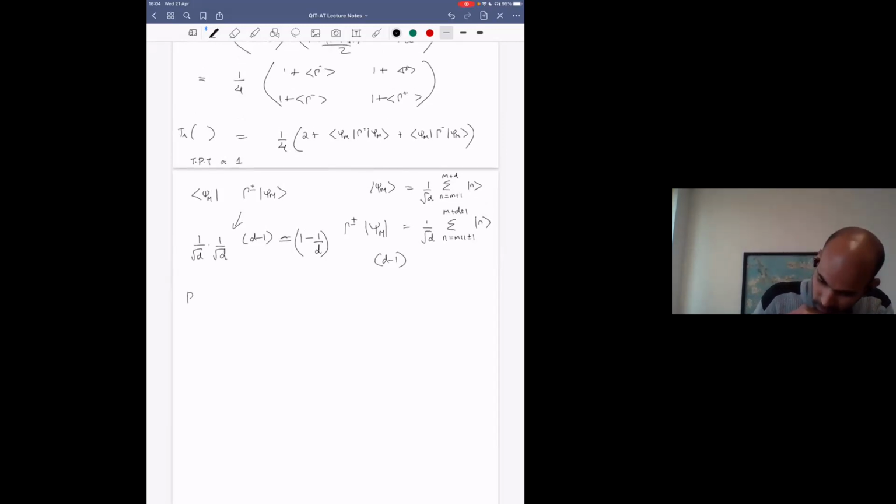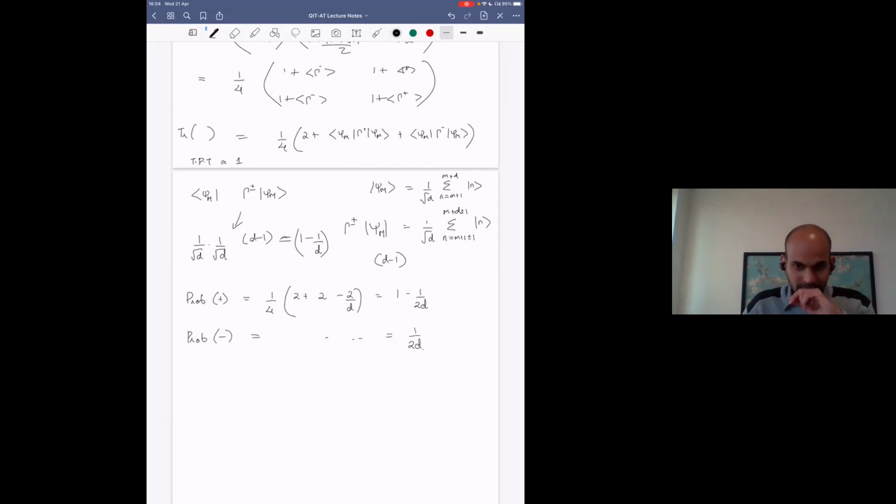So that gives us that the probability of getting a plus result is equal to 1 over 4 times 2 plus 2 minus 2 over d, which is just 1 minus 1 over 2d, which means that the probability of getting a minus, of course, will just be 1 over 2d.